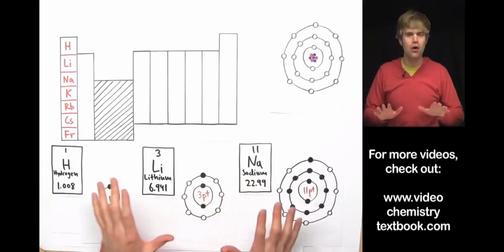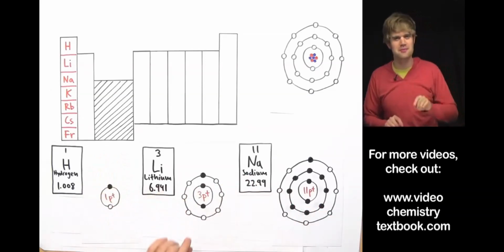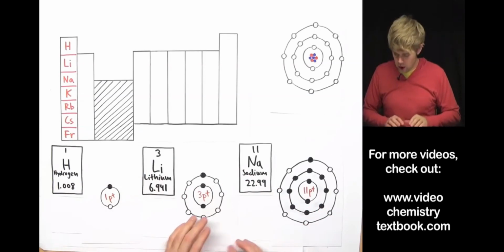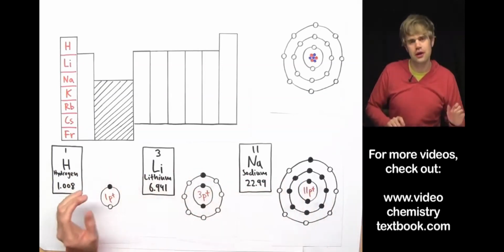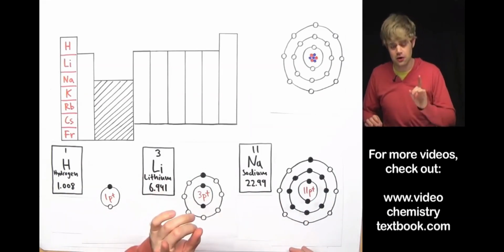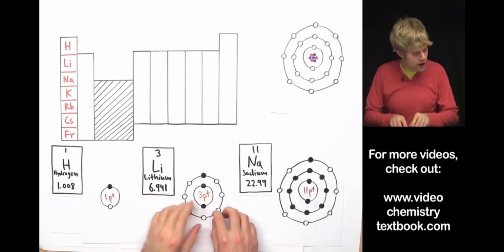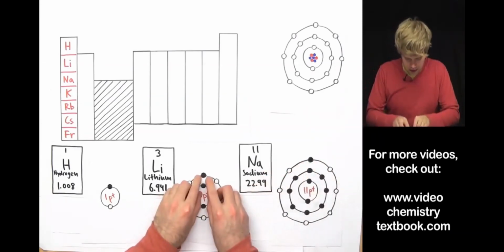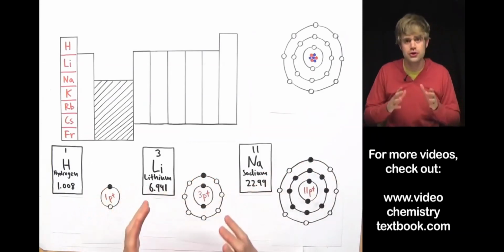Okay, now check this out because this is important. Hydrogen, lithium, and sodium, they all have different numbers of electrons. But there's a pattern here. Each one of these atoms has one electron in the outermost shell.